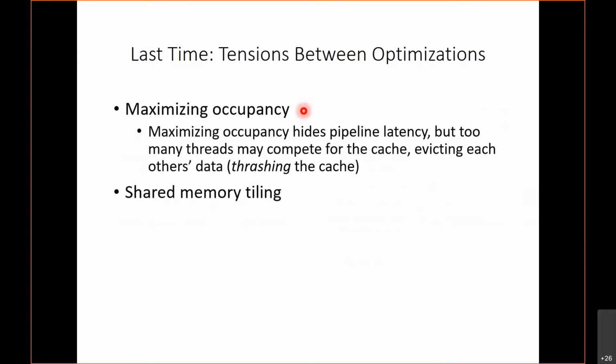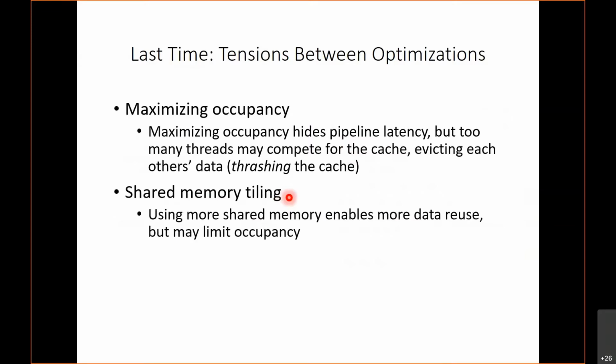Another example is shared memory tiling. When I use shared memory tiling, every thread block needs to reserve a certain amount of shared memory, and if I use more shared memory, that allows me to have more data reuse. However, if I use too much shared memory, I could end up in a situation where my occupancy is limited. For example, if my SM can take 2048 threads, and I create thread blocks of 1024, that means my SM can take 2 thread blocks.